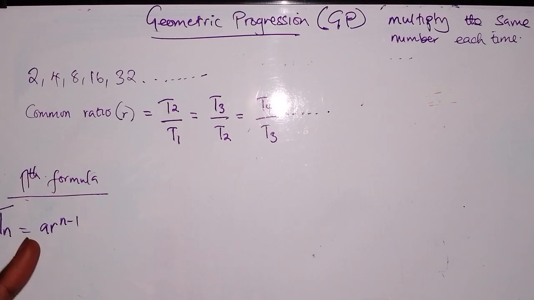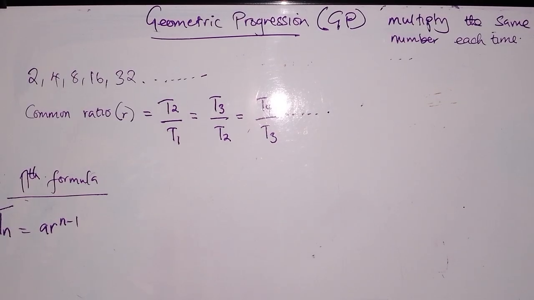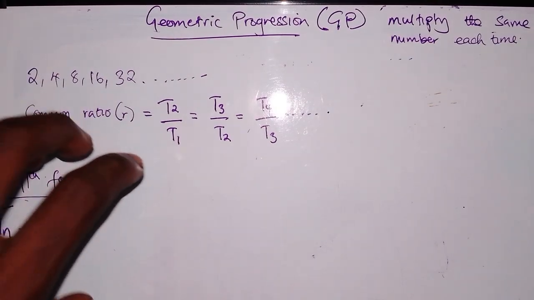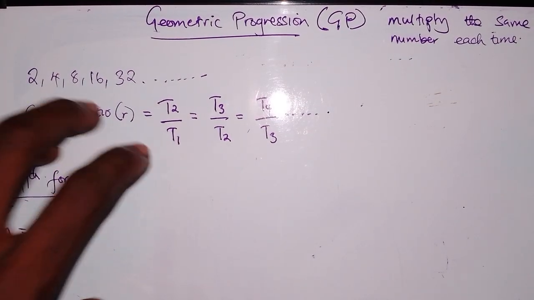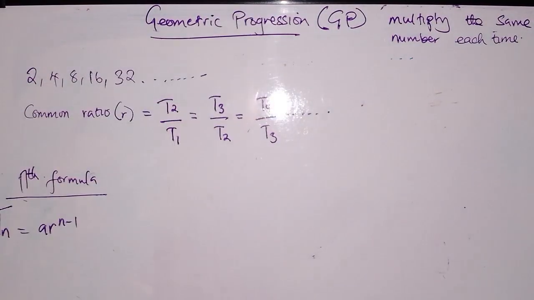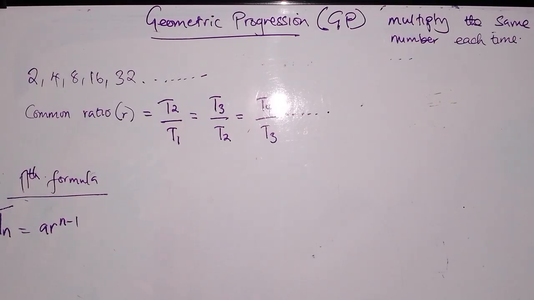A represents the first term and n represents the position of the term we are calculating. These are the few basics you need to understand. Remember, this formula is given on the cover page, but the formula for the common ratio you have to remember.